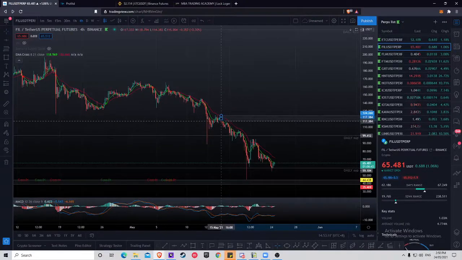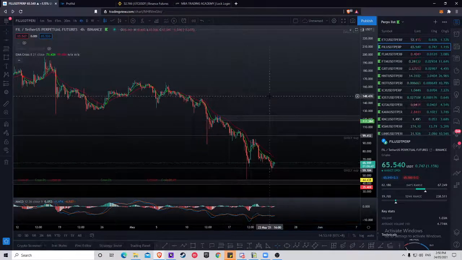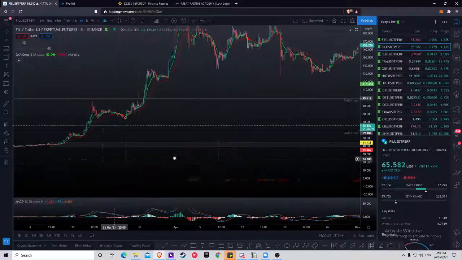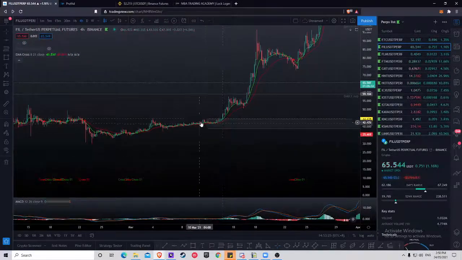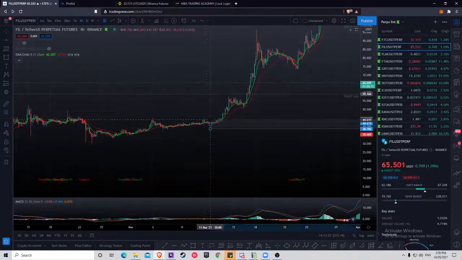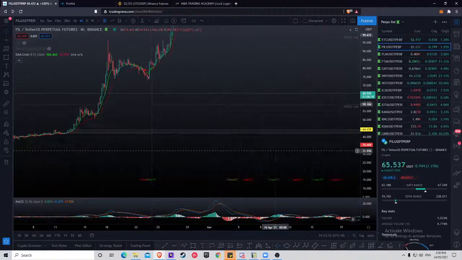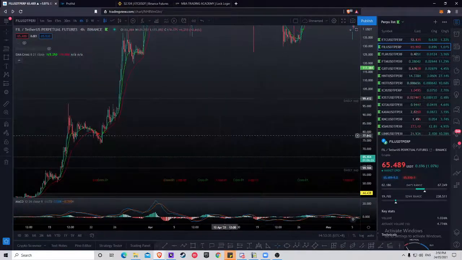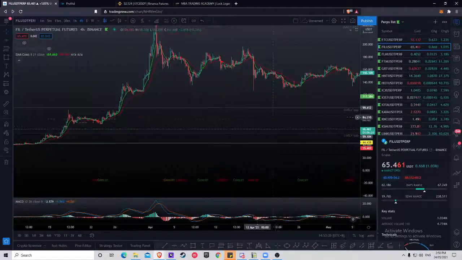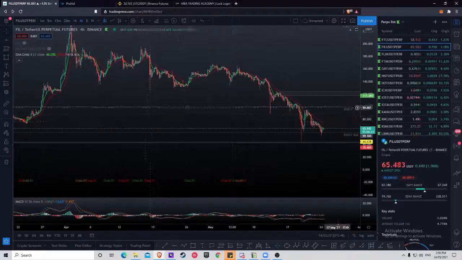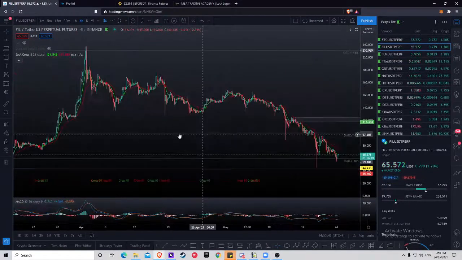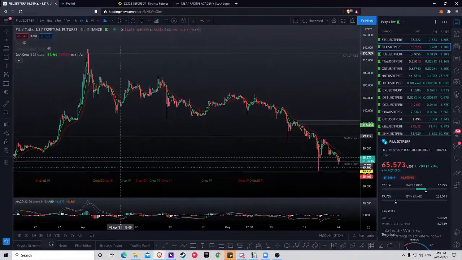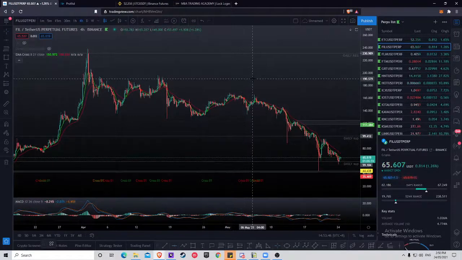So now we'll just put on some more support and resistance for this time frame here, the 4 hour.